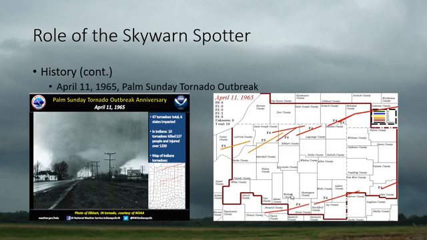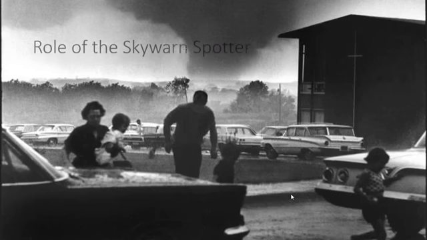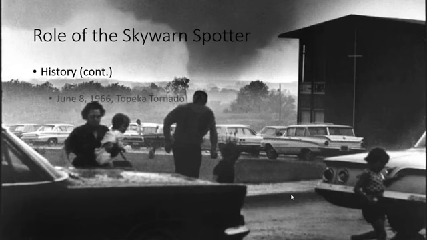The next one is kind of near and dear to the people that live here in the Topeka area. It was June 8th, 1965. There were many things about this tornado. It was the Topeka tornado.